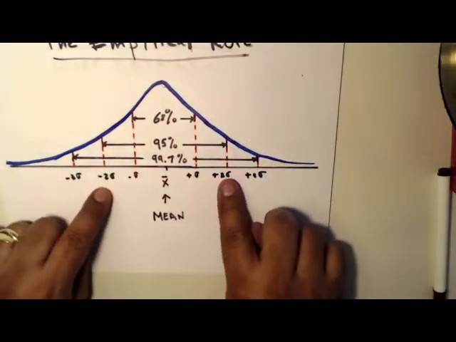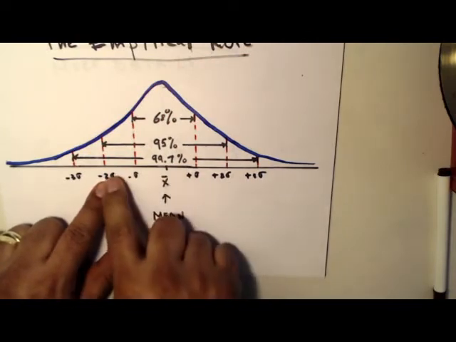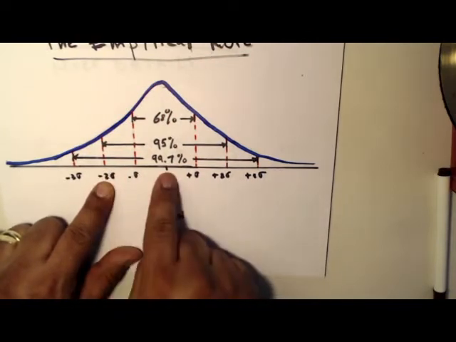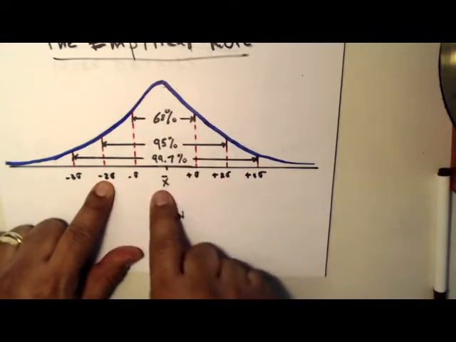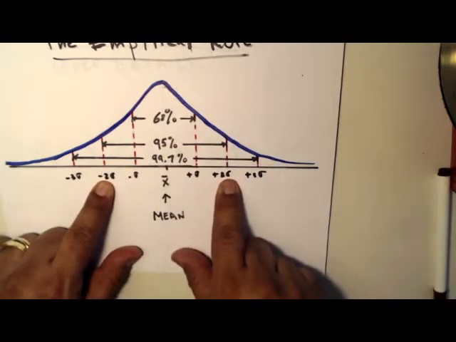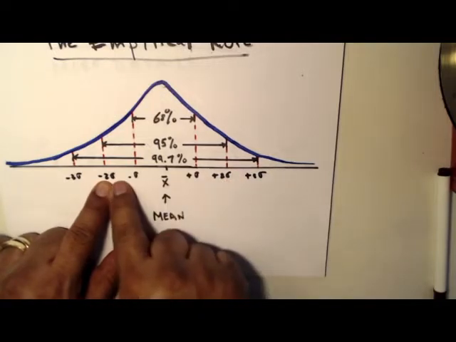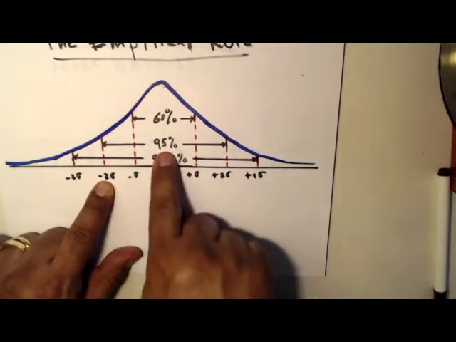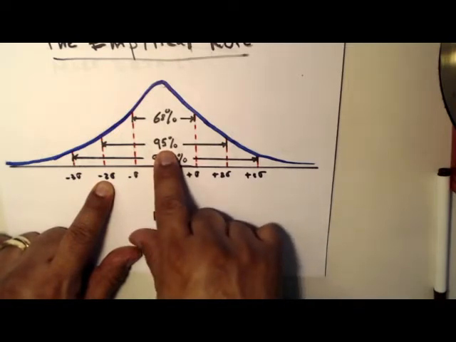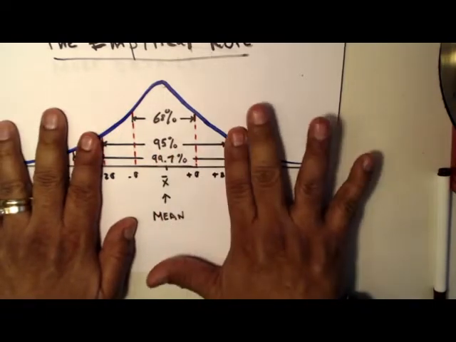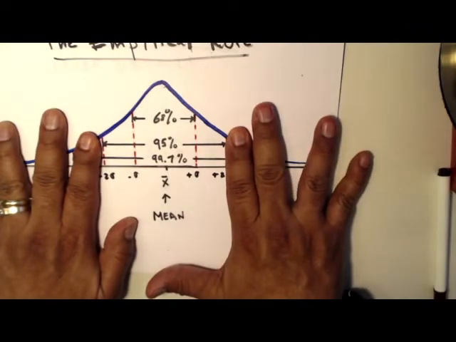When we move to two standard deviations, there will be 1, 2 standard deviations from the mean on each side. So from one side to the other, we have 95% of the data. So in this portion, we have 95% of the data.